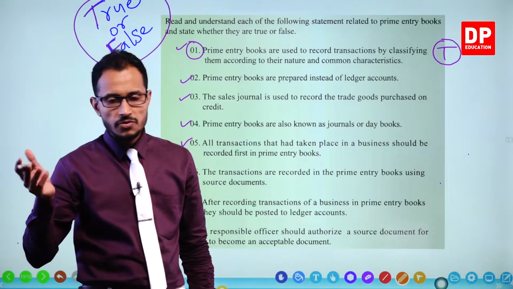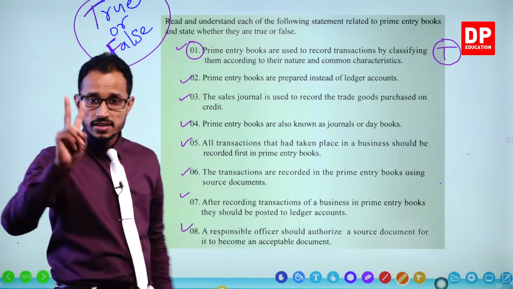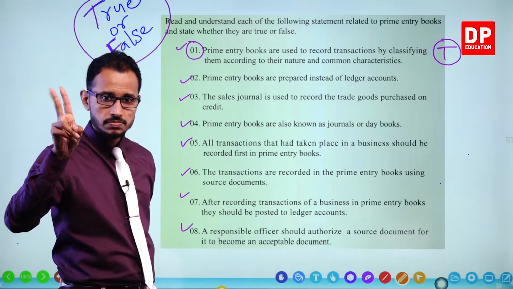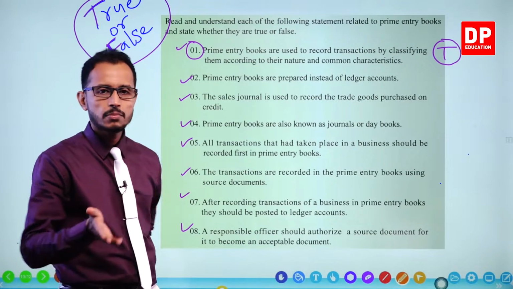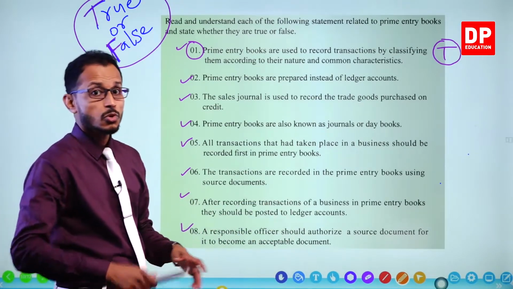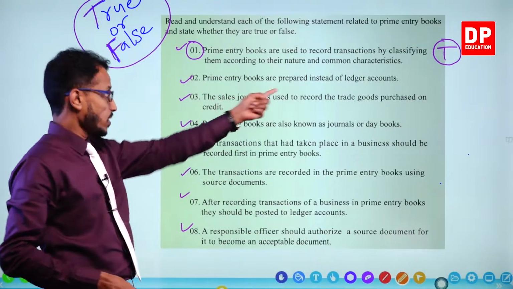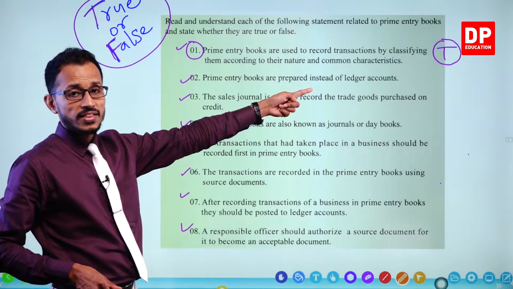Sooner or later, you have to prepare the ledger. You have to enter the double entries of transactions. You take the double entries from the prime books and transfer them to the ledger. So, the ledger must be prepared even though prime books are there.